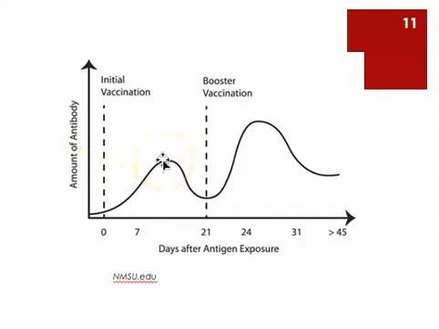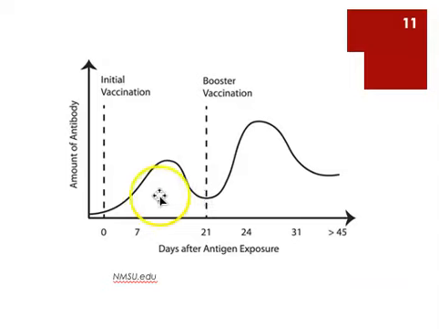That's great. The problem is that antibody, that quantity of antibody doesn't last. It starts to drop off. Now, by 21 days, by 3 weeks, we're down at a trough. There's still antibody, right?